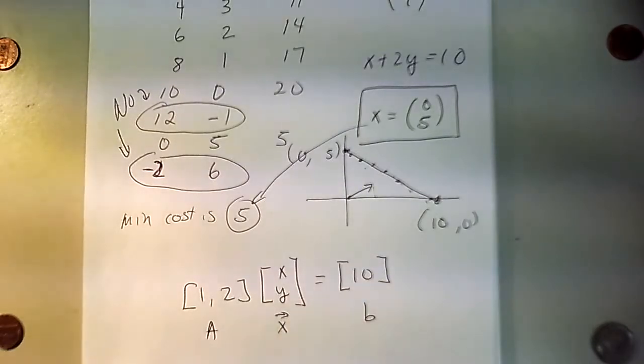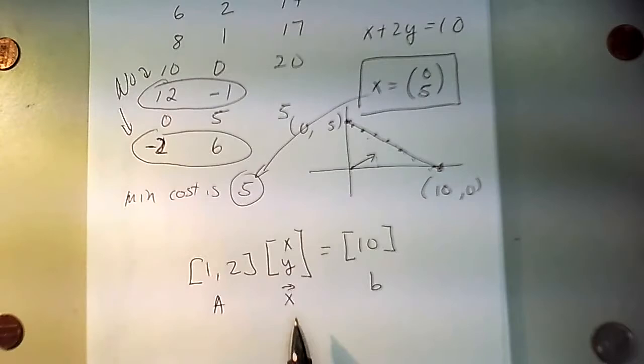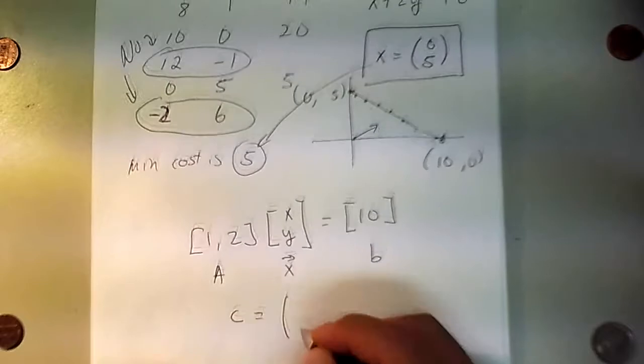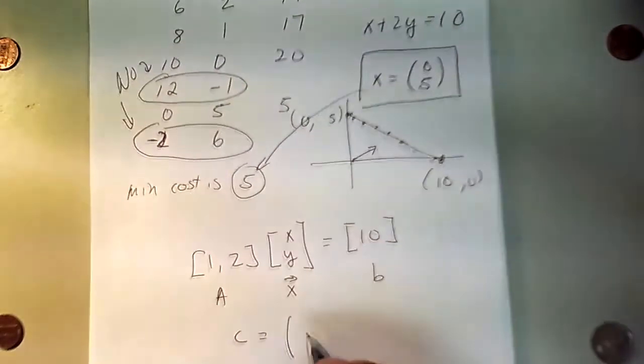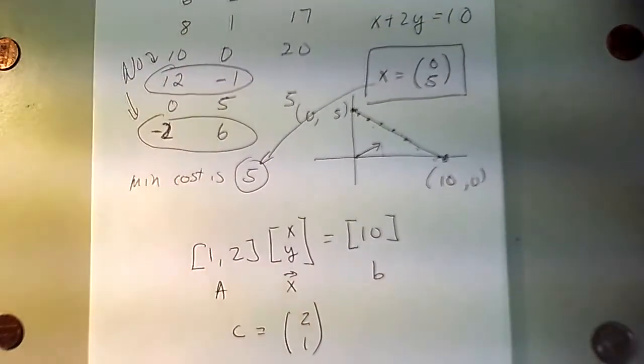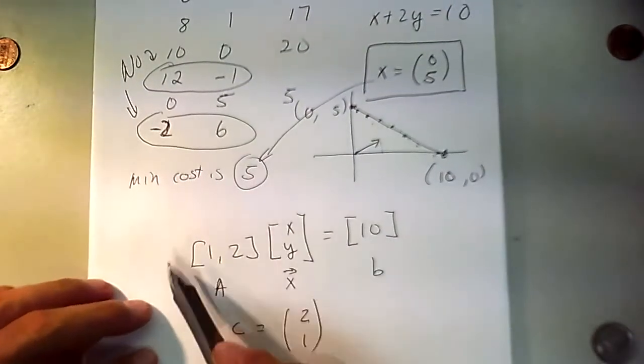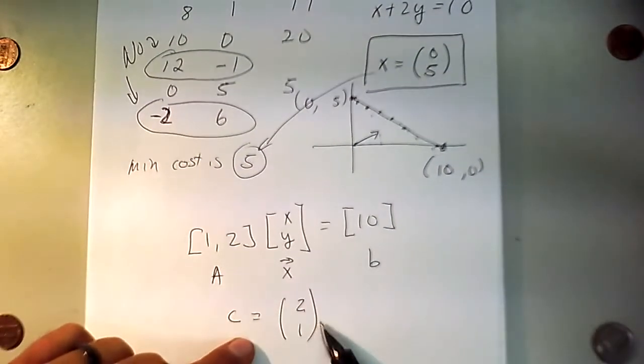So there's our equation. And the cost is the vector 2, 1. Okay. So this is the setup, and we want to minimize the cost.